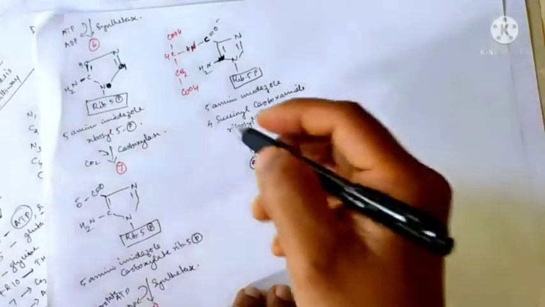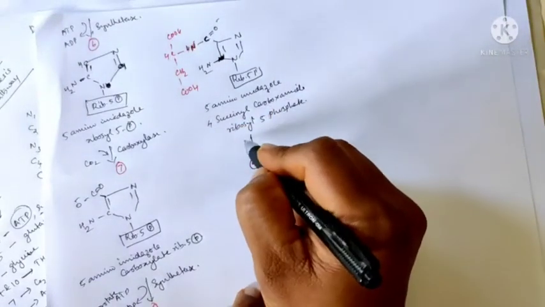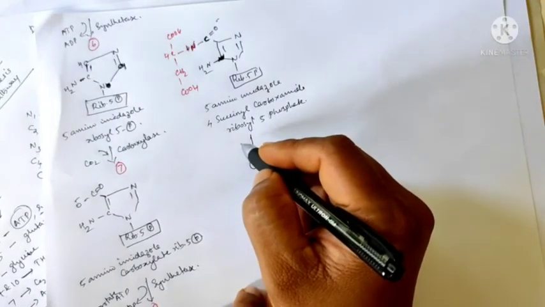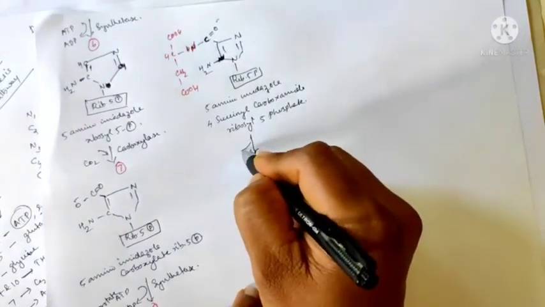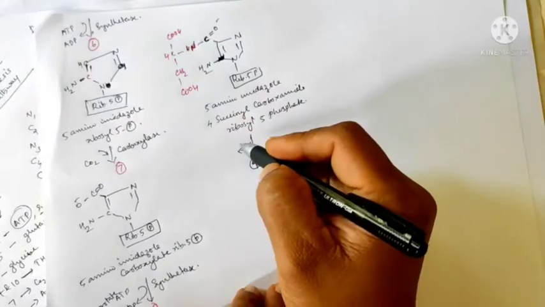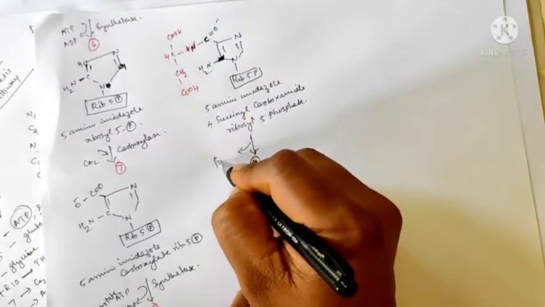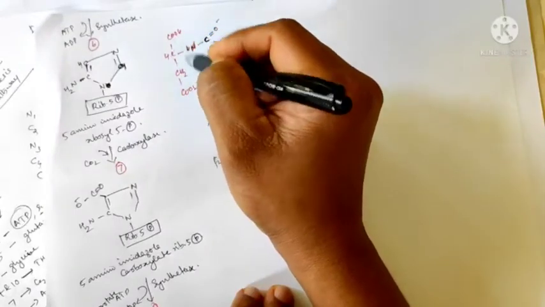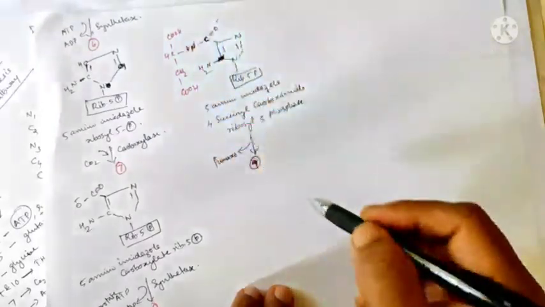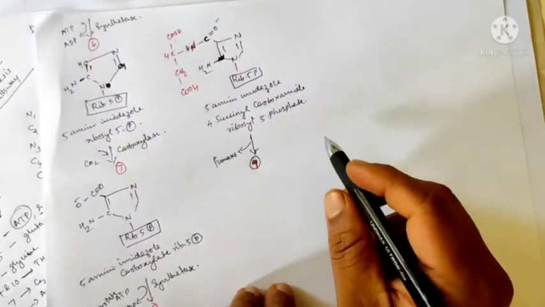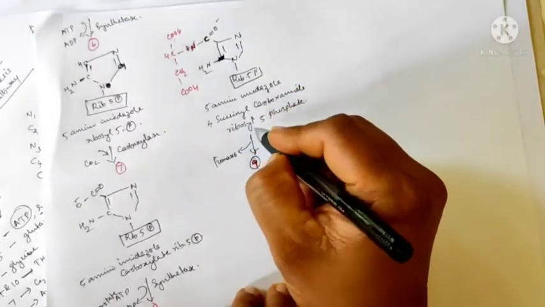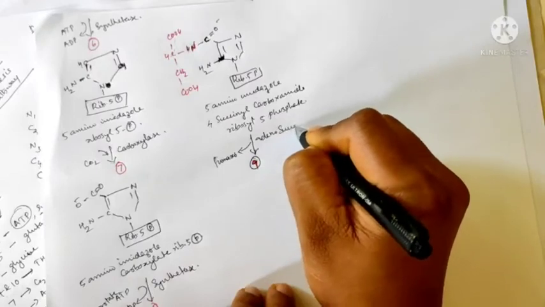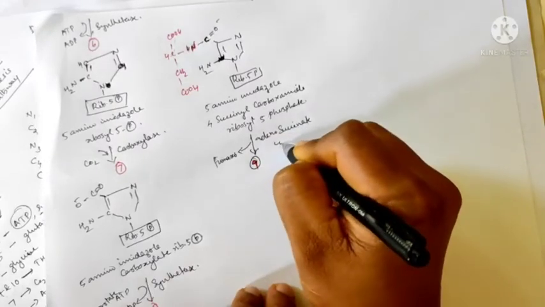Ninth step, we already told, is the elimination of fumarate. Fumarate means COH, CH2, CH2, COH, and this group is eliminated. The enzyme catalyzing the reaction is adenylosuccinate lyase.